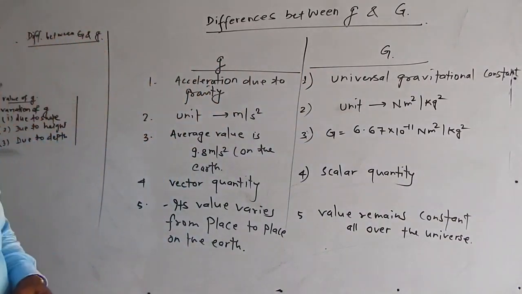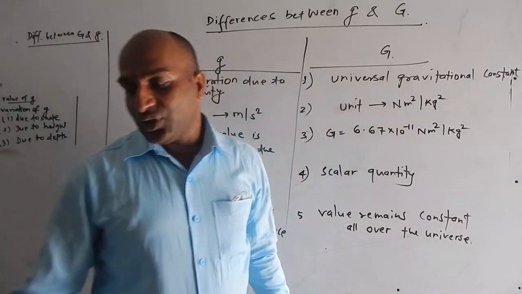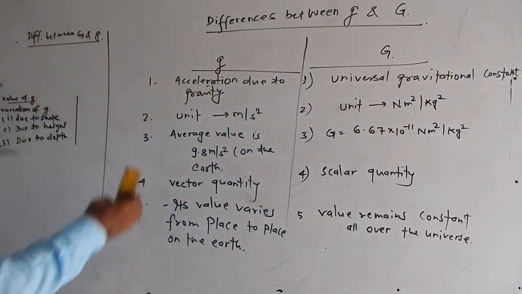In this way, we can differentiate between acceleration due to gravity and the universal gravitational constant.